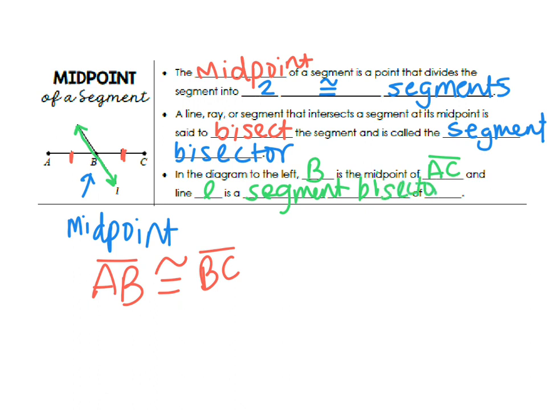Sorry, it's hard to write on here. So B is the midpoint of AC, and line L is the segment bisector of AC. And they both do the same thing. They both cut AC into two equal pieces.